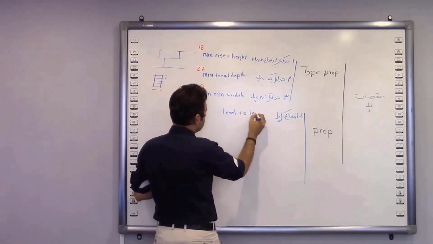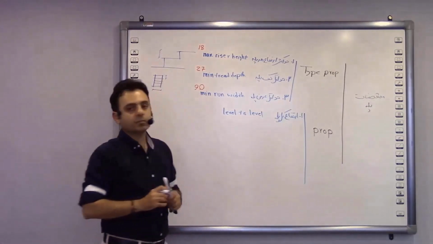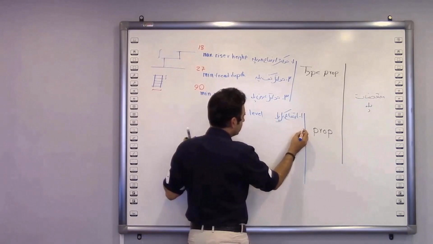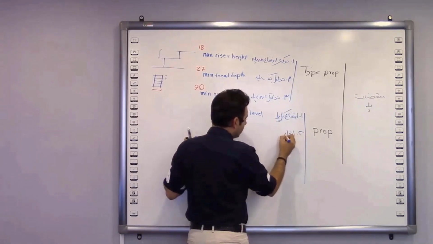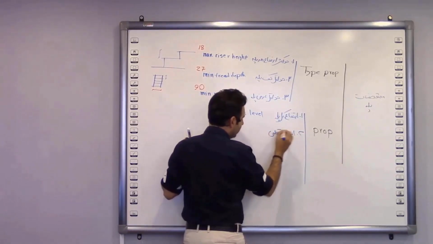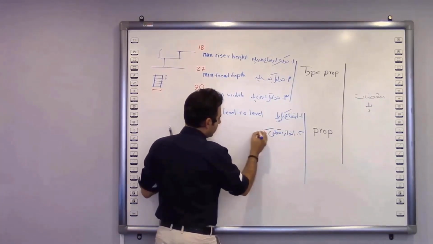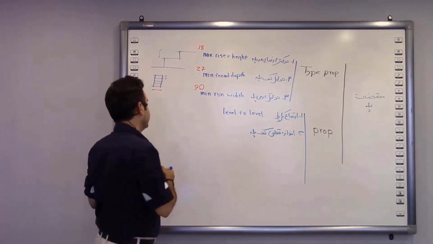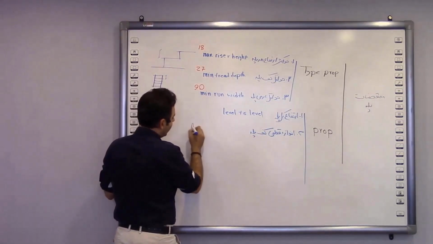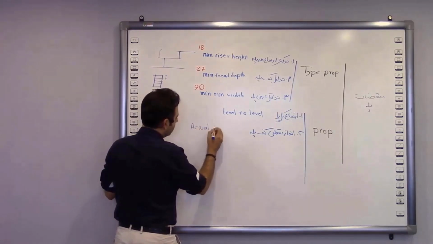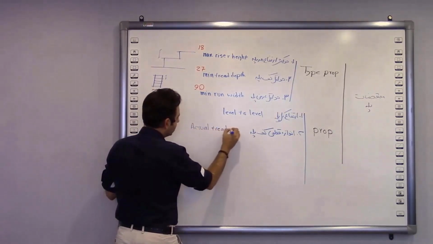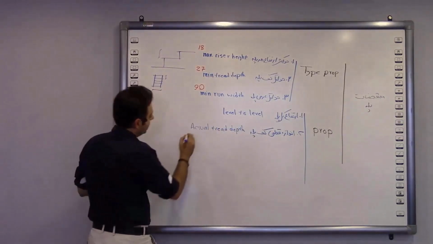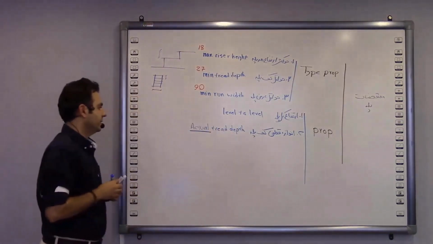We say, for example, level to level, for example, level 2 to level 3. 2, the actual tread depth. Let me say it again. The actual tread depth. That's right. And actually, I will explain it to you more later.